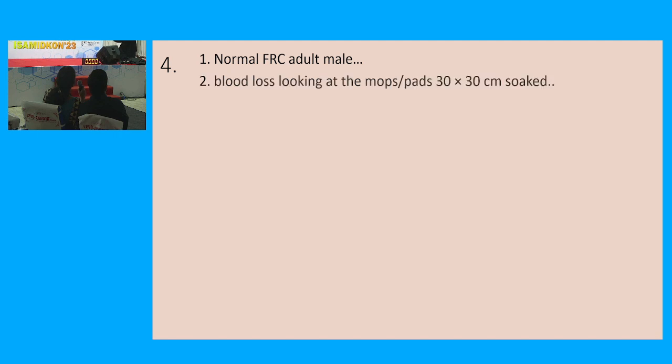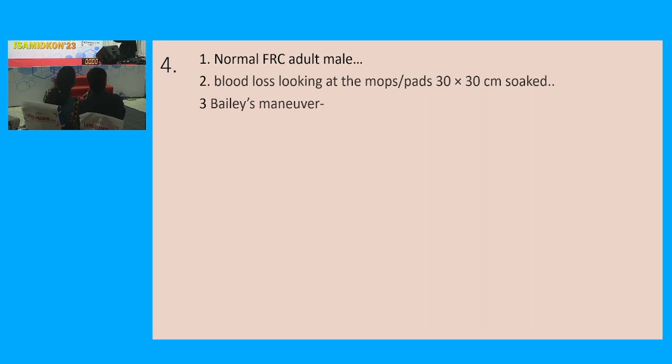The last one. You ready? 2.5 liters. That's right. Next. Blood loss MOPS 30 into 30 contains how much ml? 100 ml. That's right.